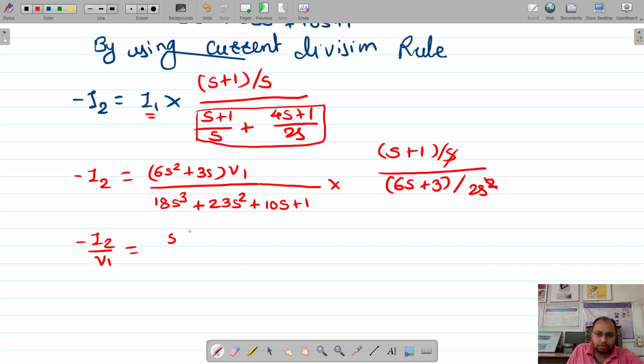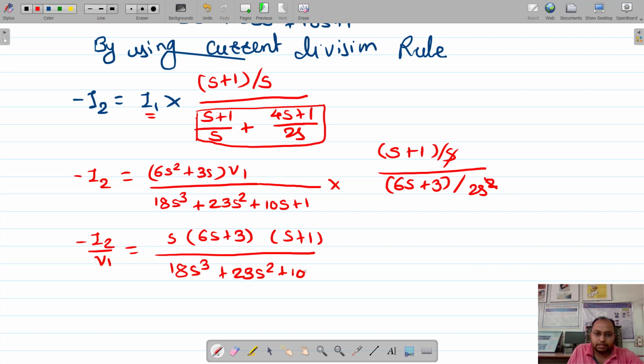If I take s common from that, then 6s plus 3 into s plus 1 divided by 18s cube plus 23s square plus 10s plus 1, into, now this twice s is going to get into the numerator, so twice s divided by 6s plus 3. Yes, can I cancel out this?